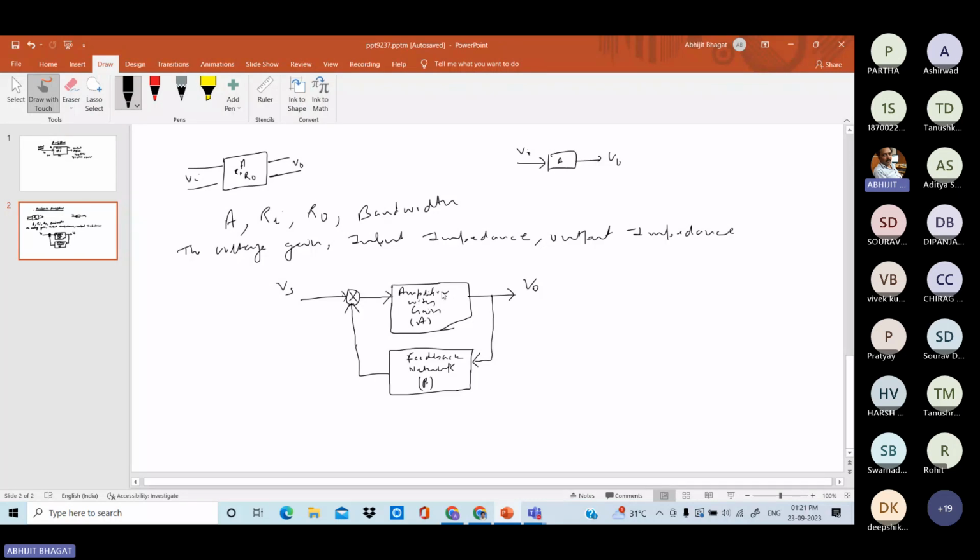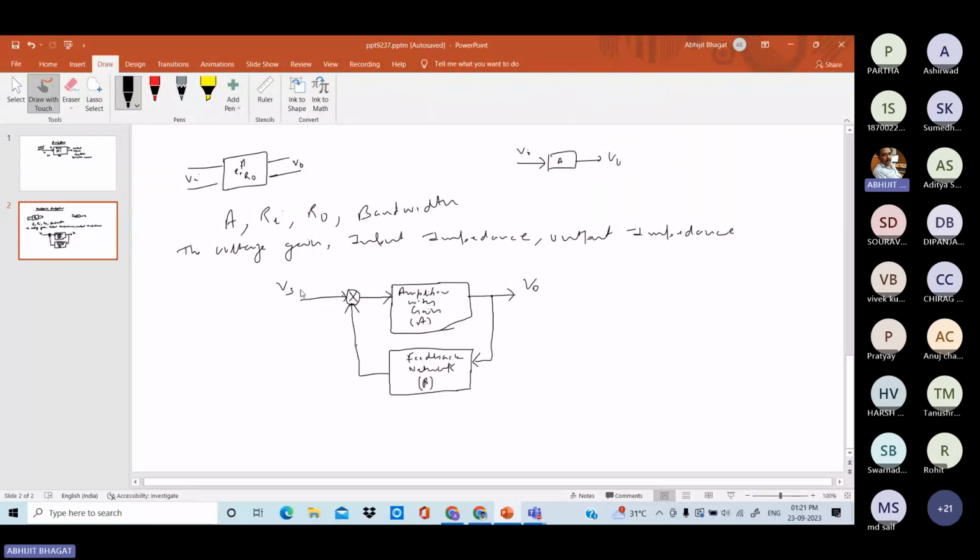So this technique is called the feedback technique. What is the feedback technique? In case of amplifiers, some part of the output voltage is fed back to the input, and this technique is called the feedback technique.